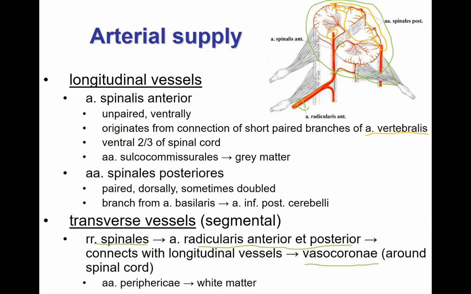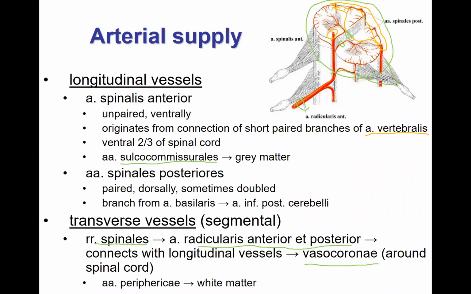So from the anterior spinal artery, the branch gets into the anterior median fissure and supplies the anterior 2/3, and it's called sulcocommissural, as it goes into the groove. Even though it's a fissure, it goes here, sulco, and commissural, as it reaches the commissures. I will show you then that the commissures are this area.